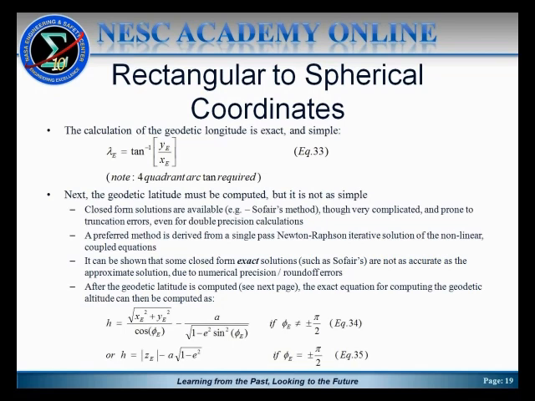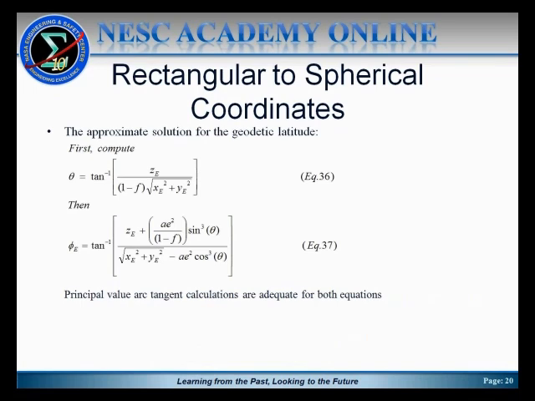If the geodetic latitude is exactly plus or minus pi over 2, in other words, you're at the North Pole or South Pole, you compute geodetic altitude as shown in equation 35. Again, if phi e is exact, that's an exact calculation of geodetic altitude.